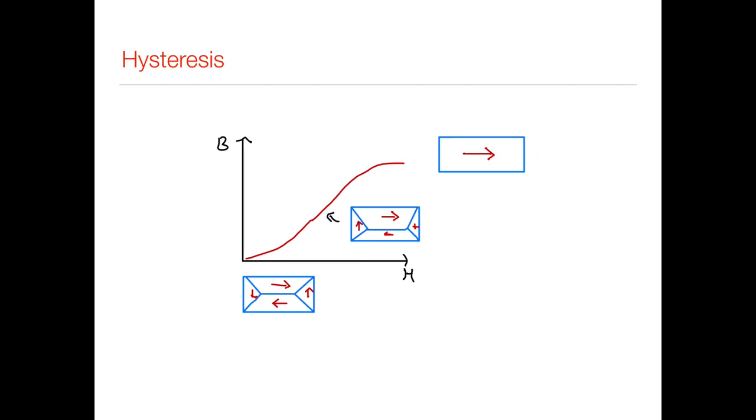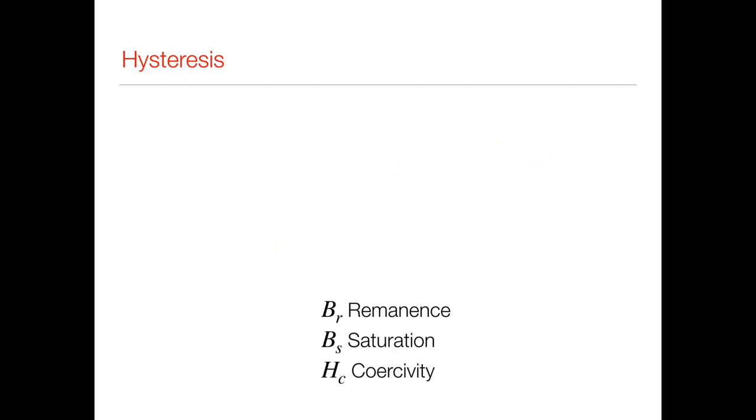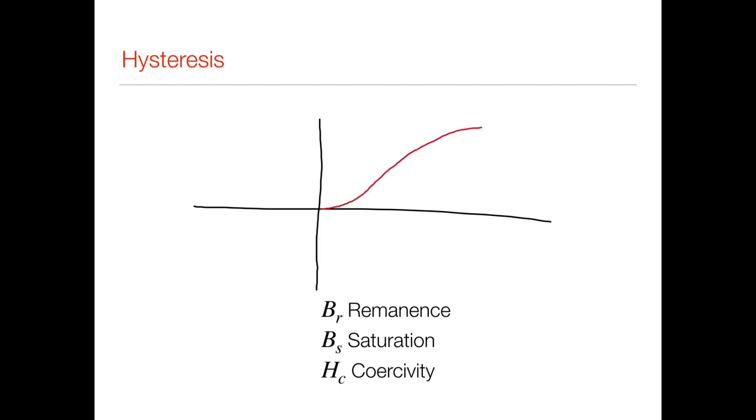So let's then look at what happens as I go around a complete cycle. What we find is that we magnetize the material again, and this value here is what we would call the saturation field.